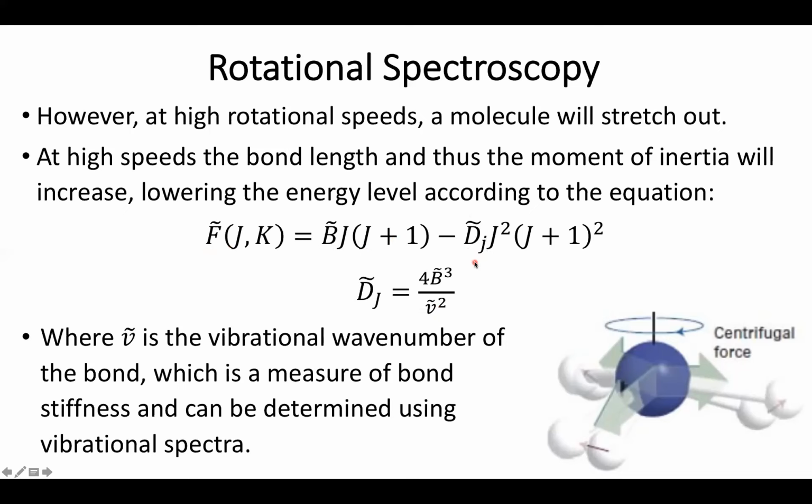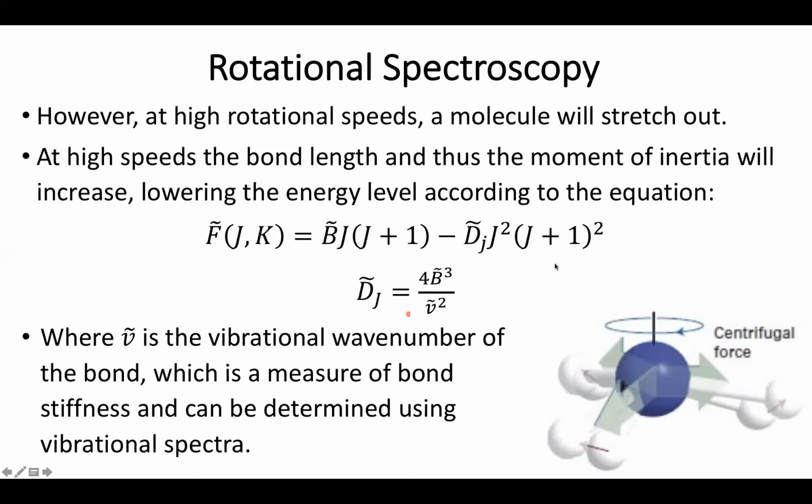Now, again, it's worth noting that this value will be much smaller than my normal rotational constant, both because this value tends to be very small, so cubing it is going to drive it down, as well as factoring in the vibrational constant as well. Not to mention, we build in this factor, which is that we have a quartic dependence on J. So J squared times essentially J squared again.